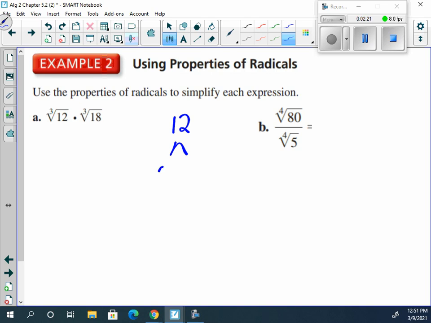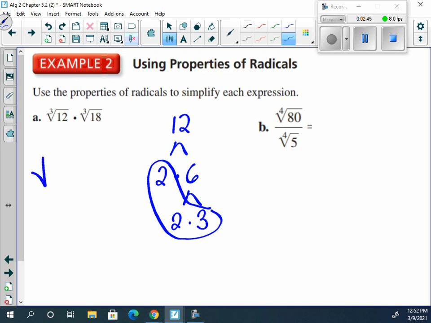Well, 12, let's just start off with 2, would be 2 times what? 6. 6 will reduce to 2 times 3. I'm just rewriting this here so we can see what the factors of 12 are. So we know that we have 2 squared times 3 is the prime factorization.